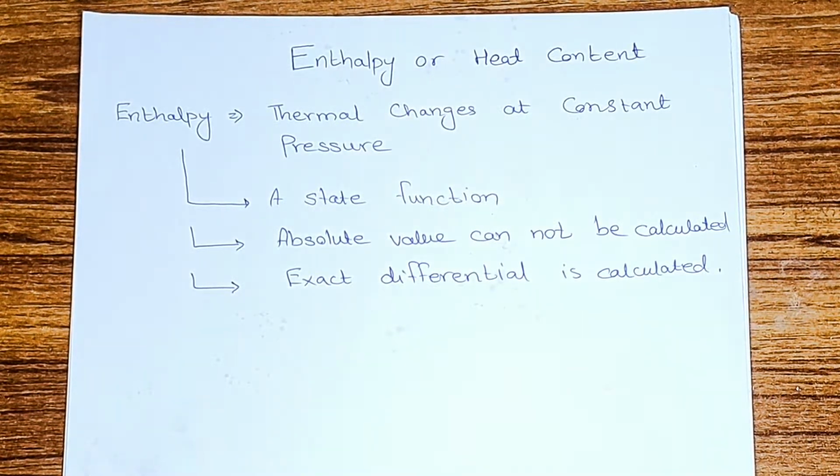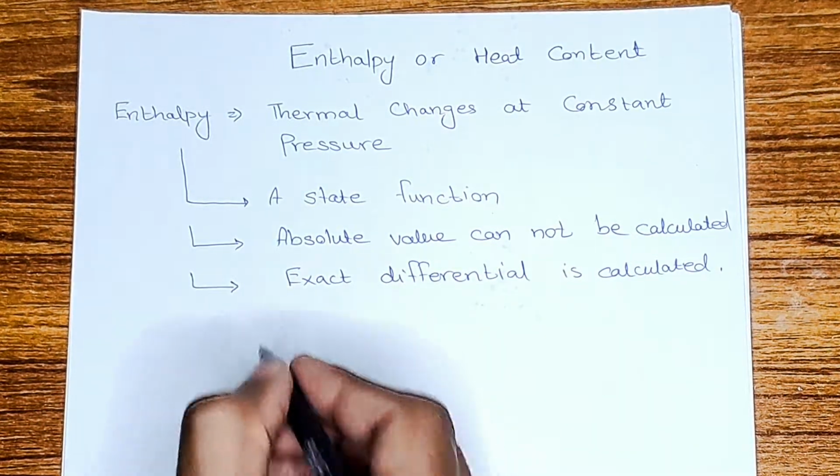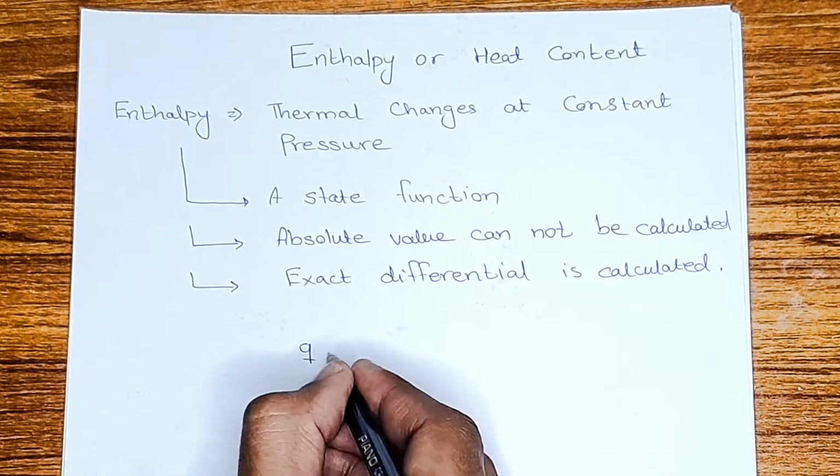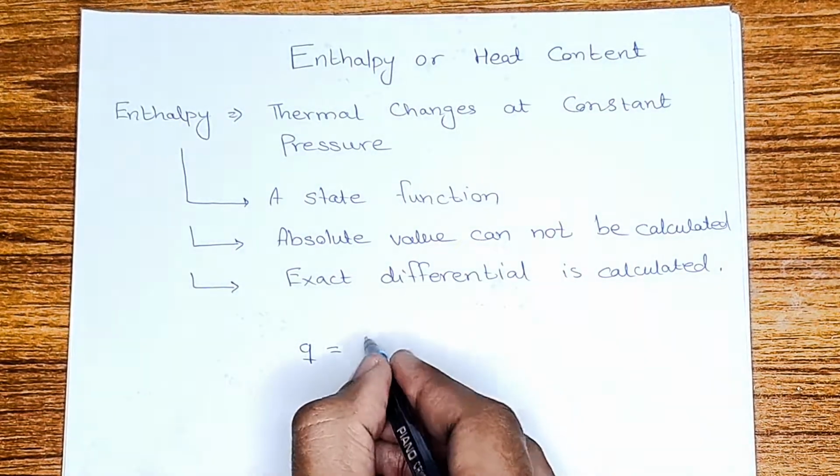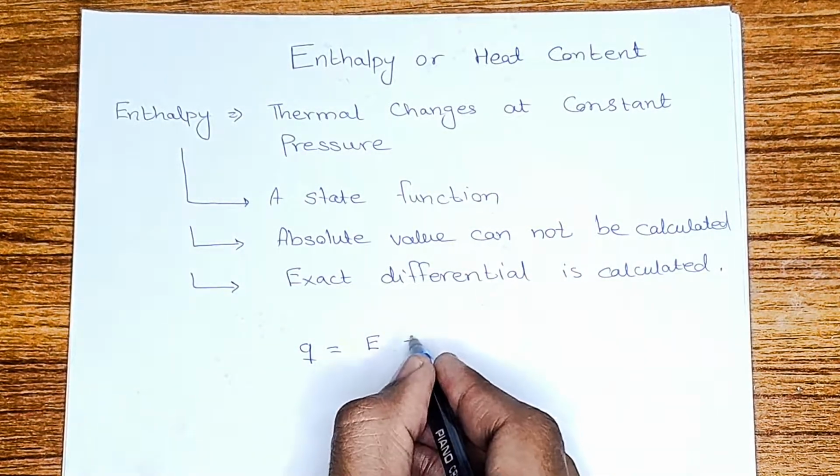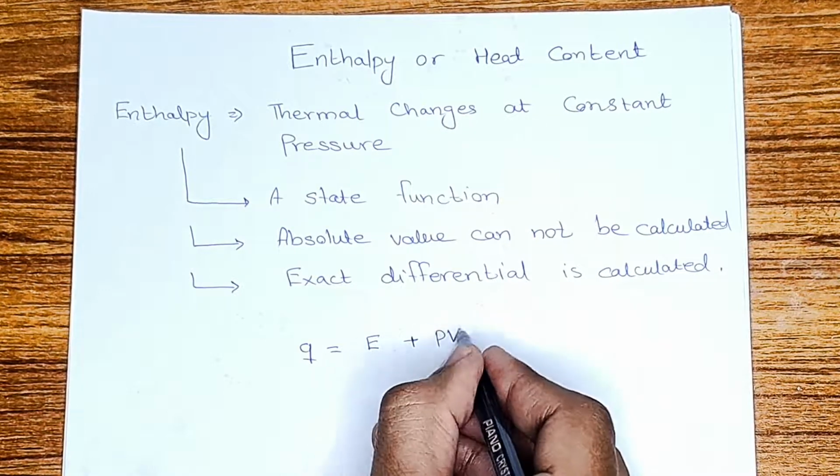So moving on. As I've just told you, enthalpy is actually the heat content of a system at a constant pressure. So according to the first law of thermodynamics, Q is equal to energy plus PV work done.